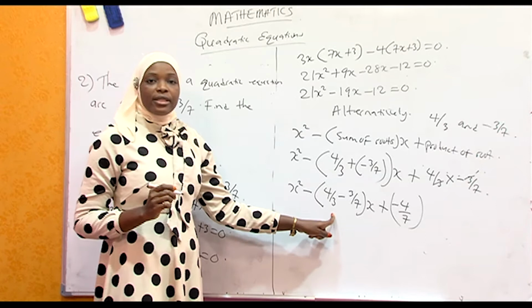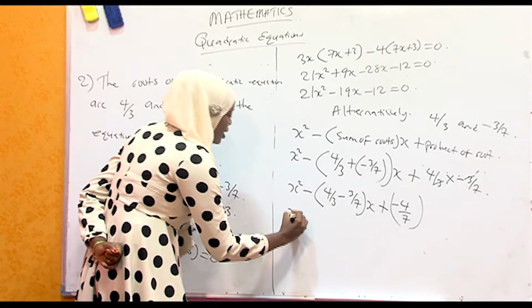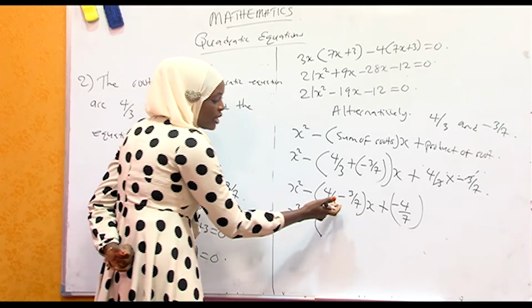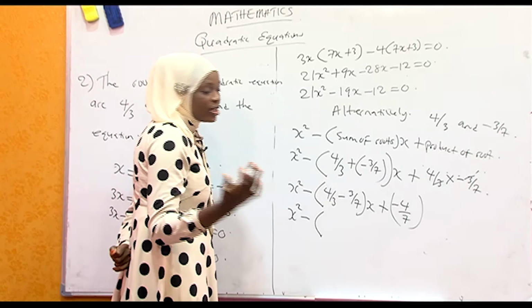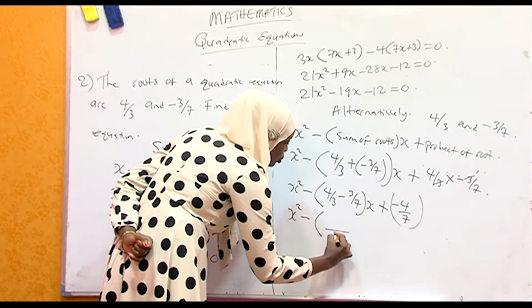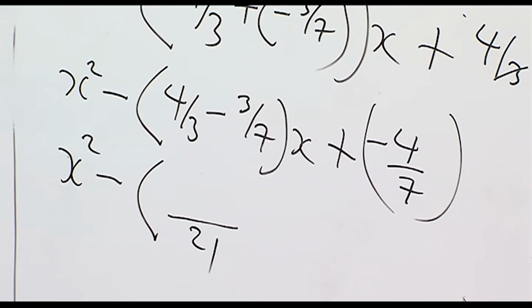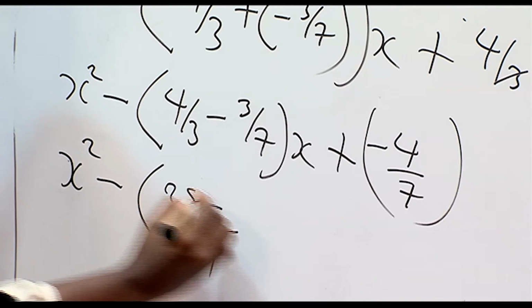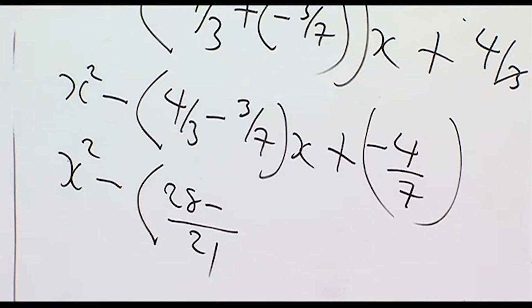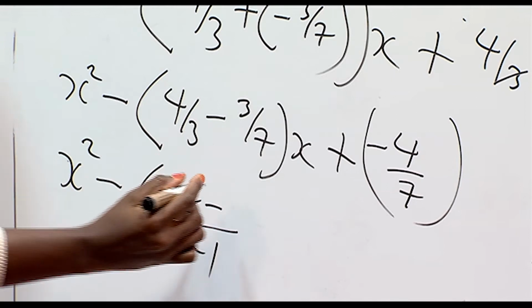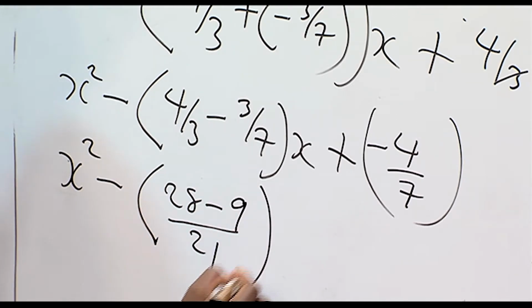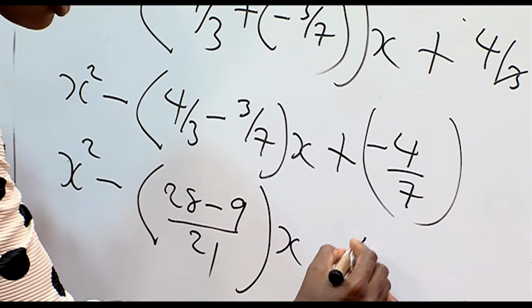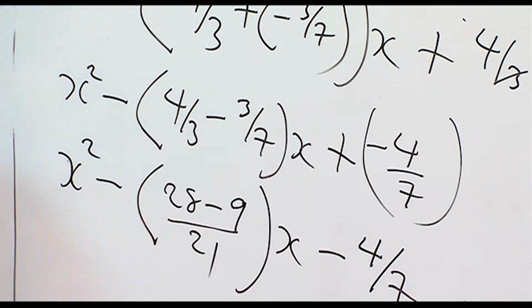So let's evaluate this bracket. We have x squared minus, solving this fraction, you get the LCM of your denominators, which is 21, 3 times 7. 3 in 21 is 7, 7 times 4 is 28. Minus 7 in 21 is 3, 3 times 3 gives 9. All in bracket times x, plus minus 4 over 7.